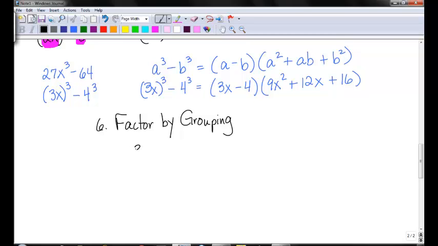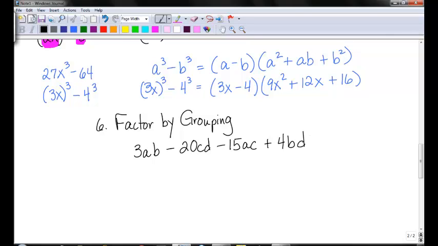Let's say I give you this example: 3ab minus 20cd minus 15ac plus 4bd. Now, if you look at all 4 terms all the way across, there's nothing in common.